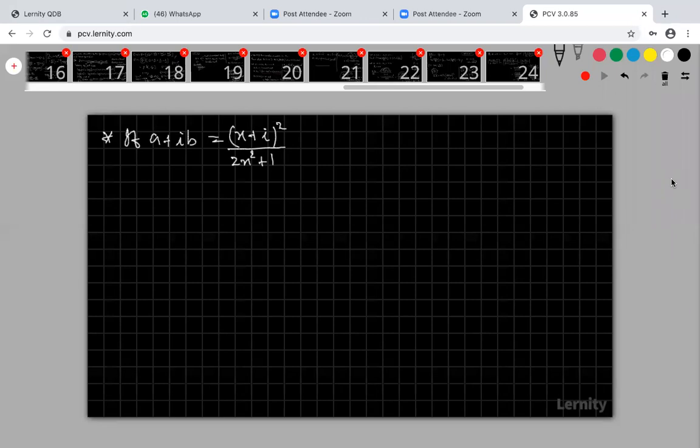Yes, the question is correct. If a plus ib is equal to (x plus i) the whole squared divided by 2x squared plus 1, then prove that a squared plus b squared is equal to (x squared plus 1) the whole squared divided by (2x squared plus 1) the whole squared.